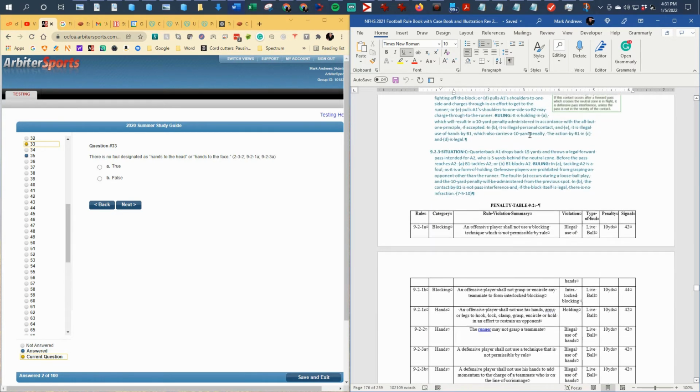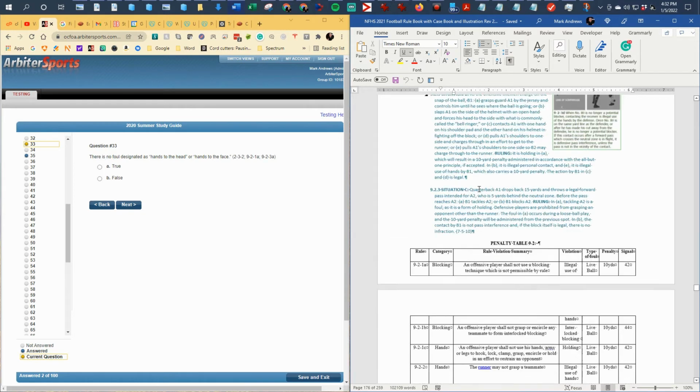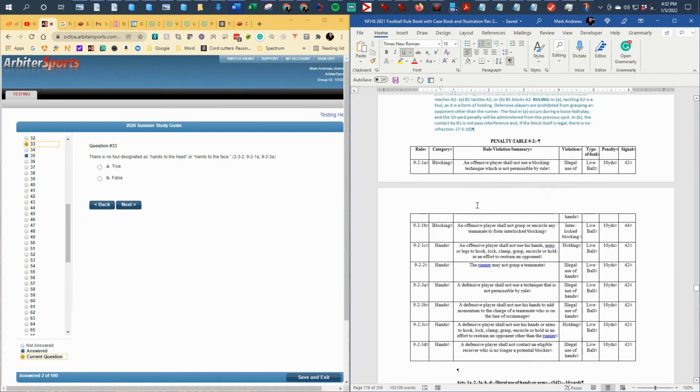And the penalty right here, 9-2-3, the defensive player shall not use a technique that is not permissible by rule, is illegal use of hands. That is the foul we want to report. Not hands to the face, not hands to the head, illegal use of hands. Okay, so the answer to question 33 is true.